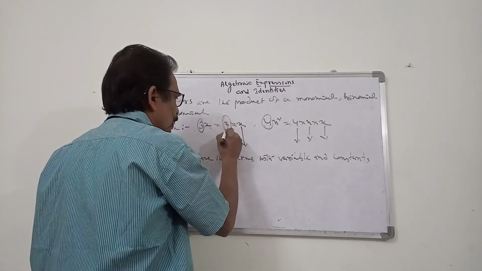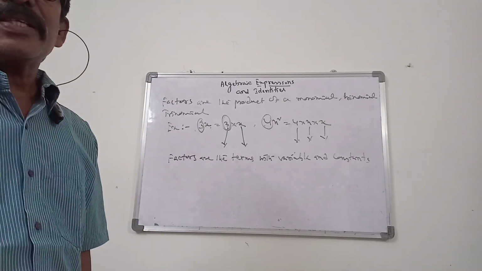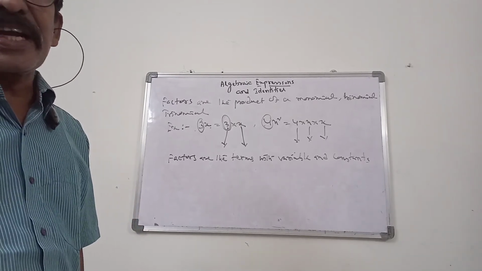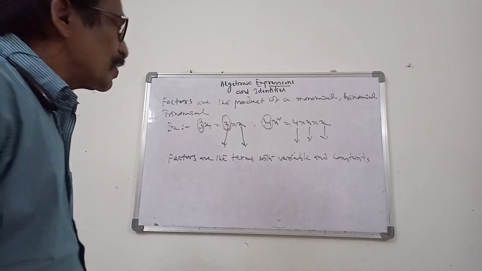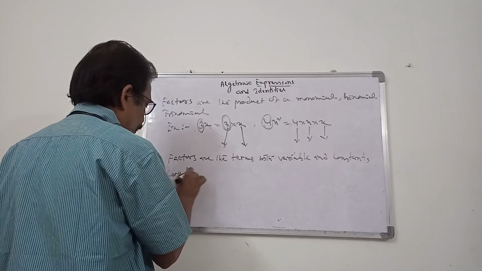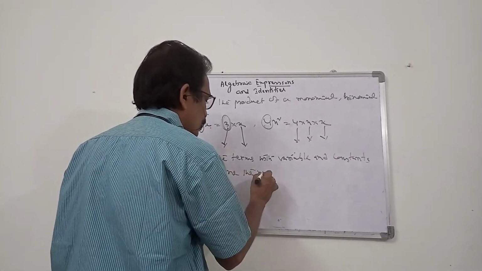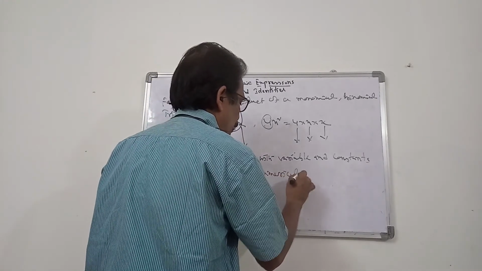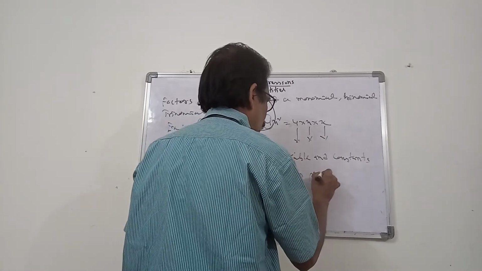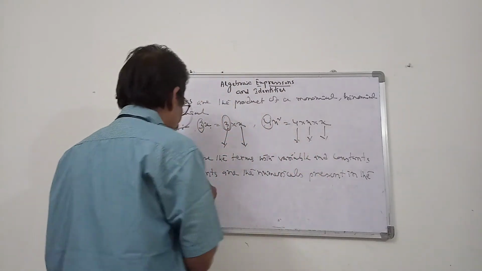This constant has a separate name, called the coefficient. Coefficients are the numericals present in the terms.